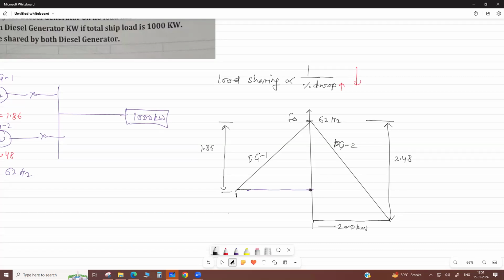Here, alternator 1 from 0 up to full load, what is the drop? This drop is 1.86.